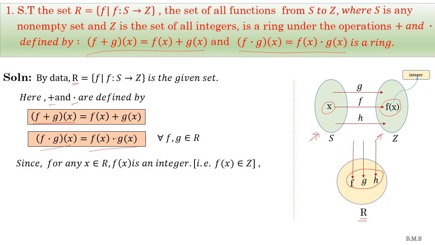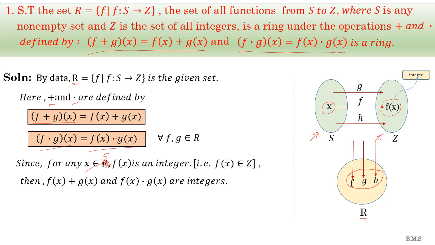Now you take any element x belonging to S. For any x in S, f(x) is an integer, because obviously for any x in S, f(x) is in Z. Now g(x) will also be an integer.